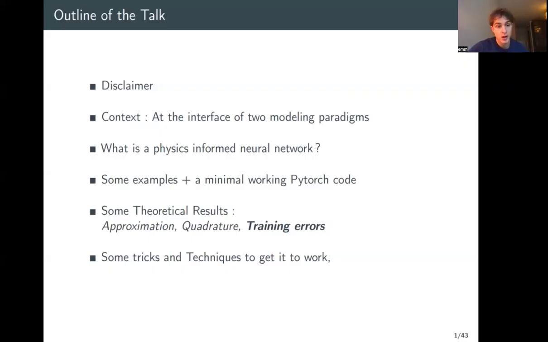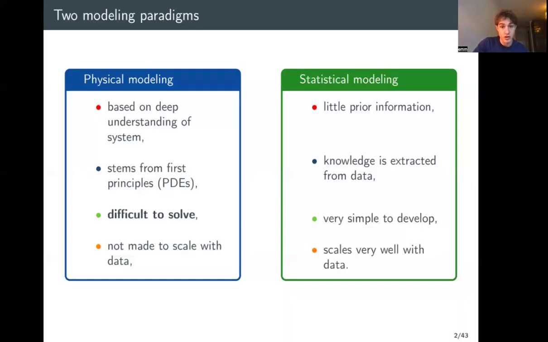So from that, we'll see some tricks and techniques that are used in practice to try to get the method to work. Specifically, we'll take a look at how these methods adapt the algorithm and try to understand why they work and sometimes why they don't. So that's the general talk.